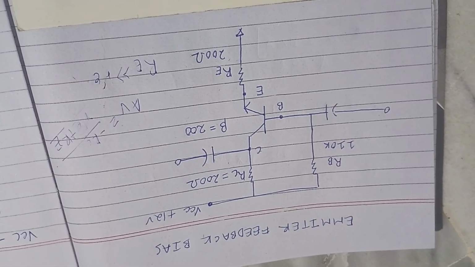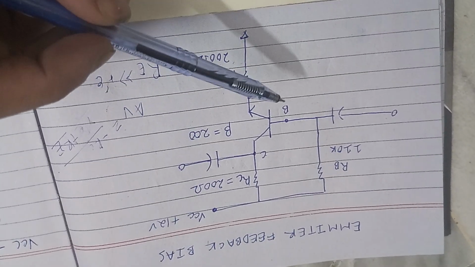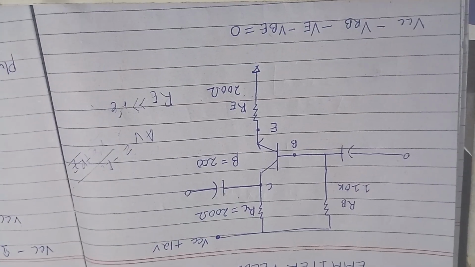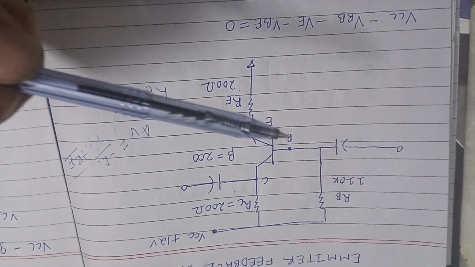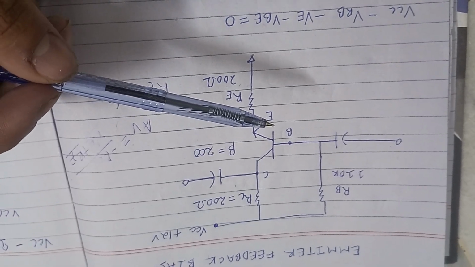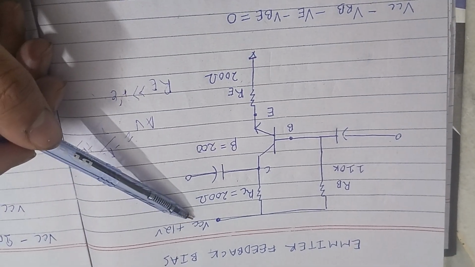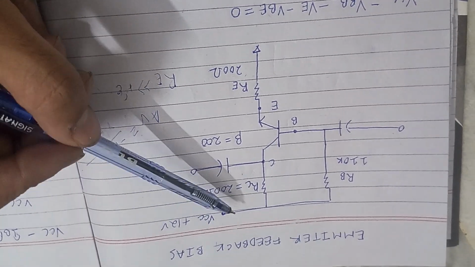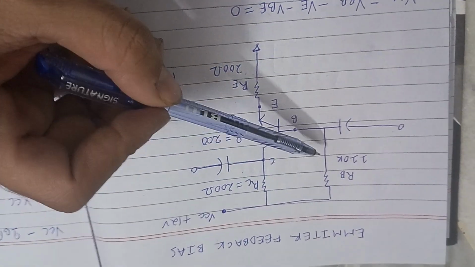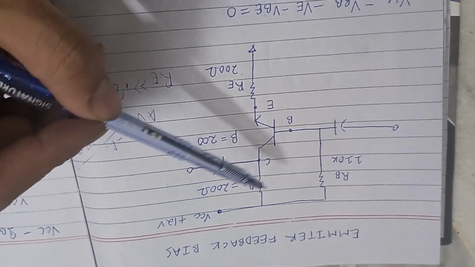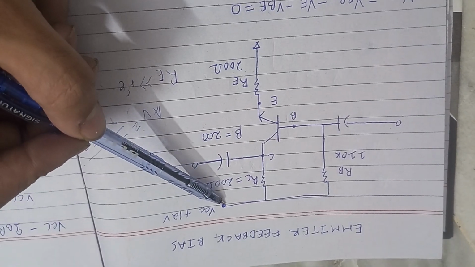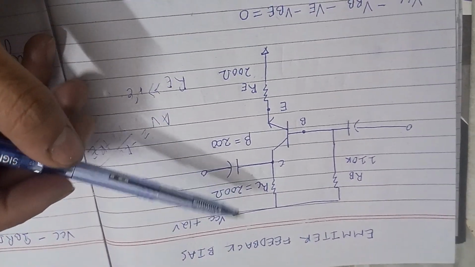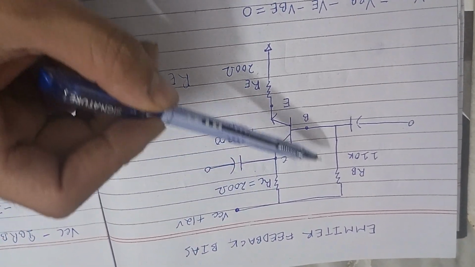Now we can solve the circuit for the base voltage, emitter voltage and the collector voltage. How would you find the base voltage? You'll see the 12 volt DC supply, the DC battery, which is connected to the base resistor RB. We look from here to the bottom, which is the ground, and see what the drops are.